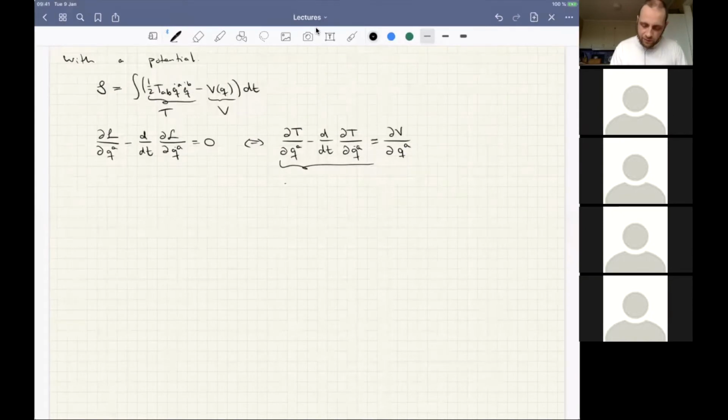And this is equal to minus T_AB times chi dot C nabla_C chi dot B. And of course, in the case where I didn't have potential, this was equal to 0.